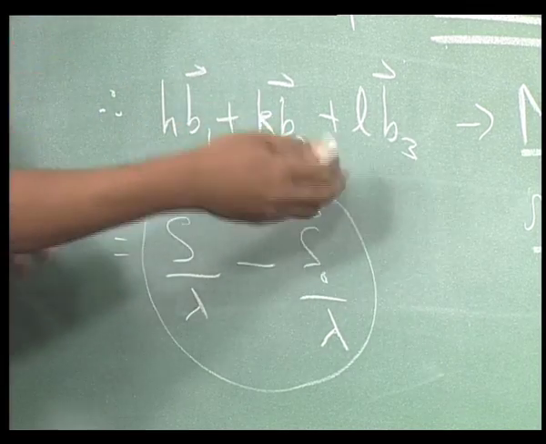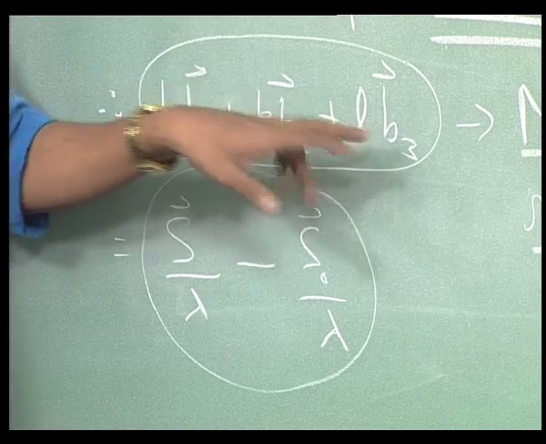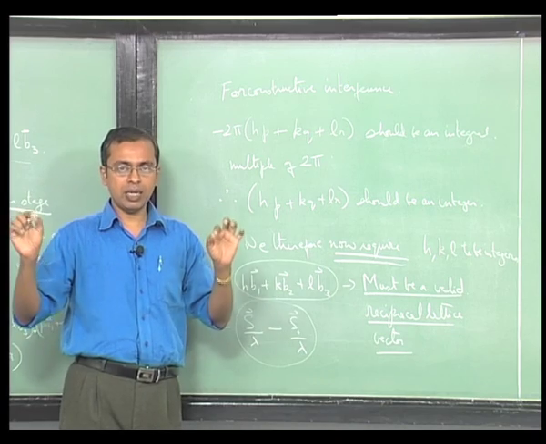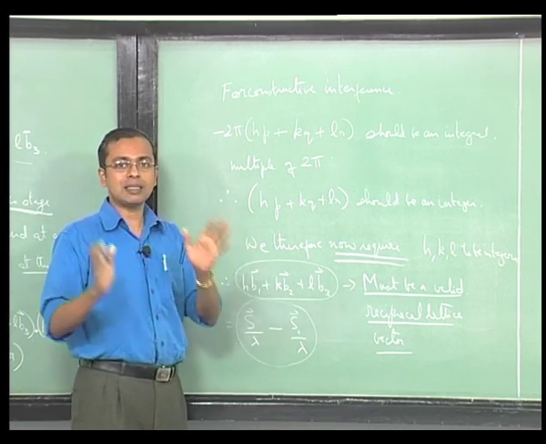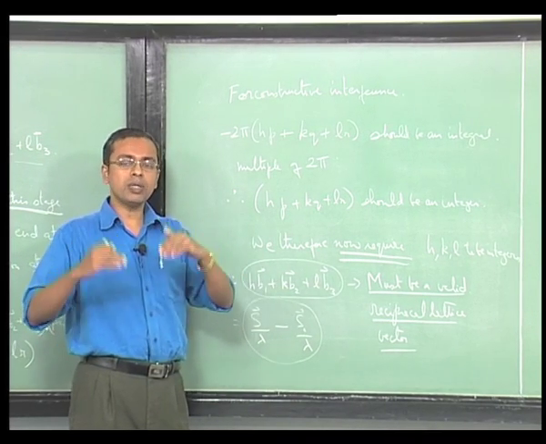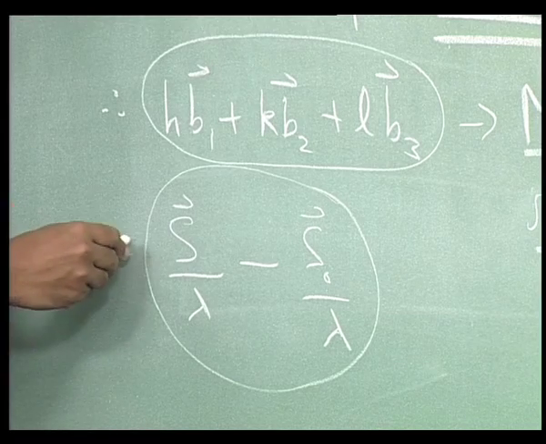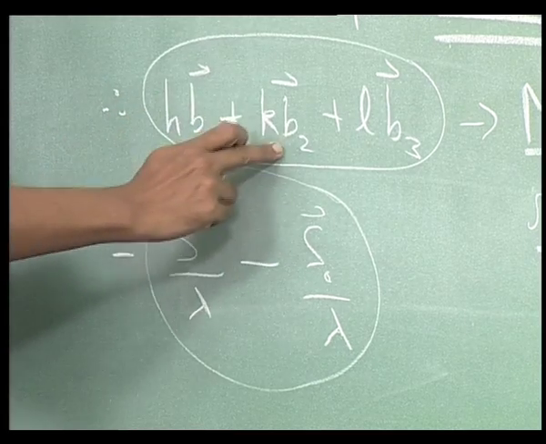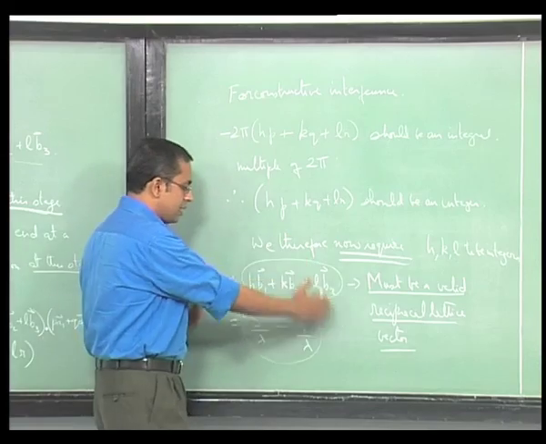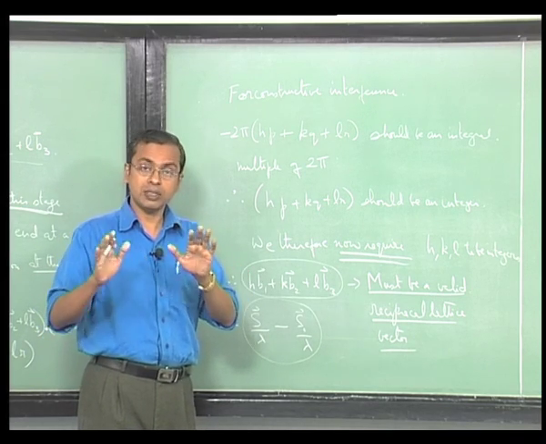What is on the other side of the equation? The other side has a valid reciprocal lattice vector, a line connecting two valid reciprocal lattice points. So this has all the crystal structure information in it, denoted in the reciprocal space notation. This equation, HB1 plus KB2 plus LB3 equals S by lambda minus S naught by lambda, gives us the condition for diffraction in the reciprocal space notation.